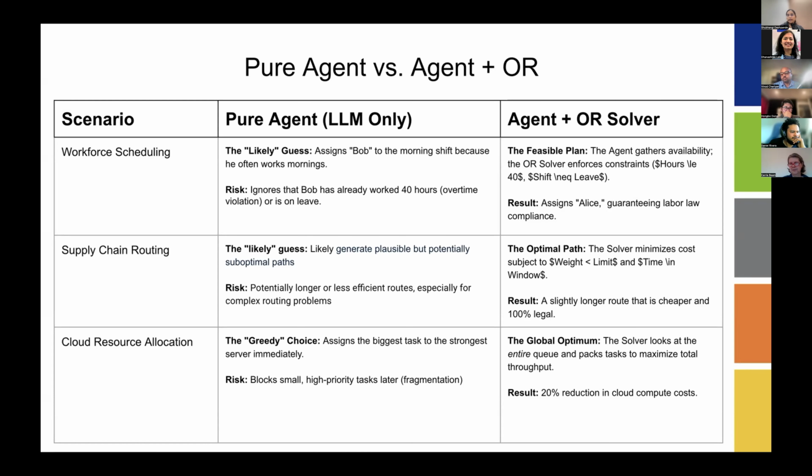They are going to give a likely solution because LLMs work on getting the probabilistic answer, the next token. Versus when we have the mathematical backbone of OR along with LLMs, we are going to get guarantees. The constraints that a user provides are taken as hard constraints, and then we can guarantee a global optimum wherever it is mathematically possible.